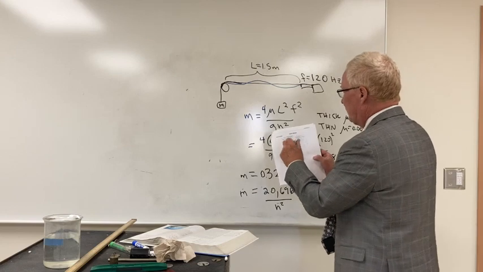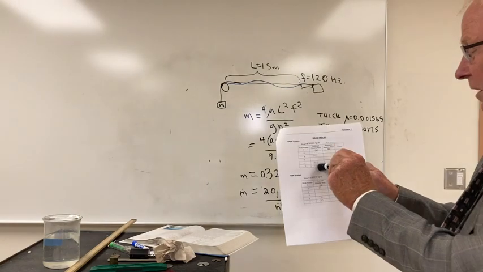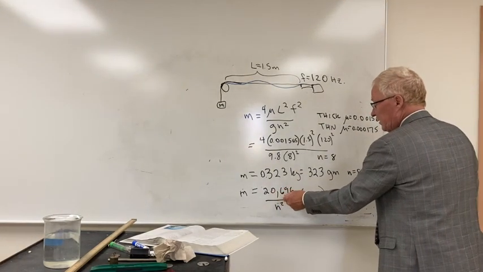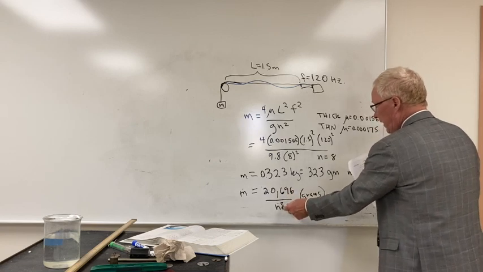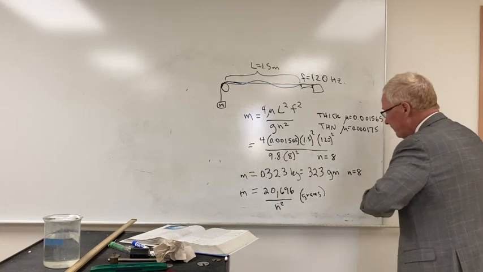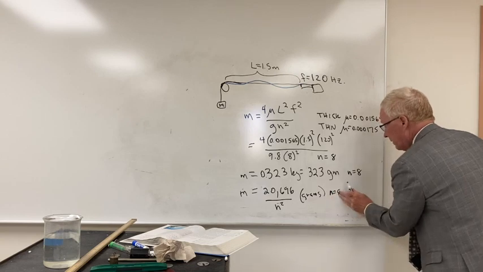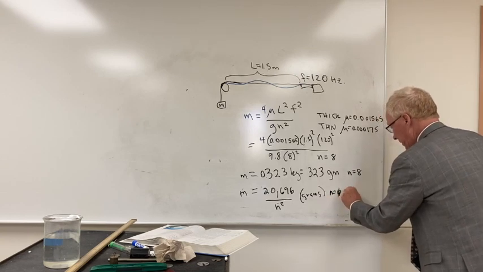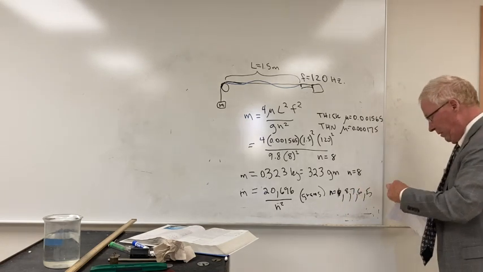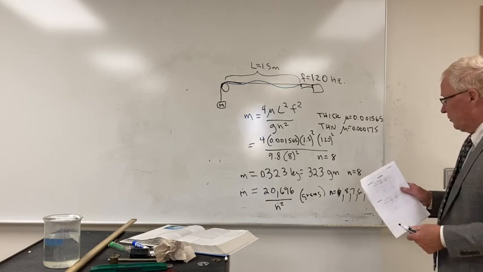So to calculate this predicted hanging mass for any particular one, fill out this table by doing 20,696 divided by n squared, for n equals 9, 8, 7, 6, and 5. So you calculated that for the 5 data results we're going to do.